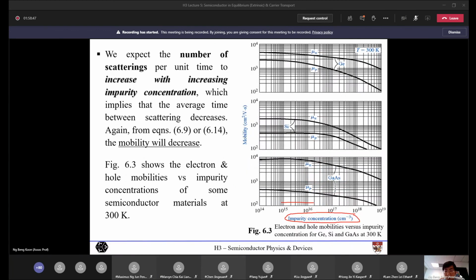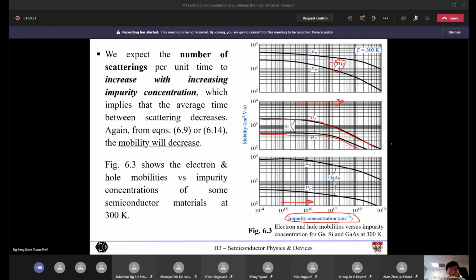As you go to the right, the more impurity atoms you put in a semiconductor, the trend is that your mobility decreases, for both electrons and holes. In fact, this is true for all types of semiconductor. You look at germanium, if you increase the impurity doping, the mobility would decrease.